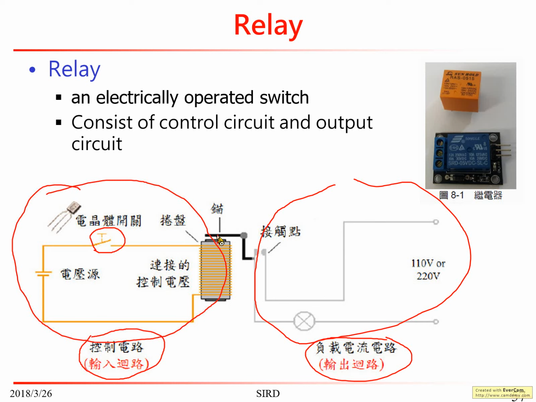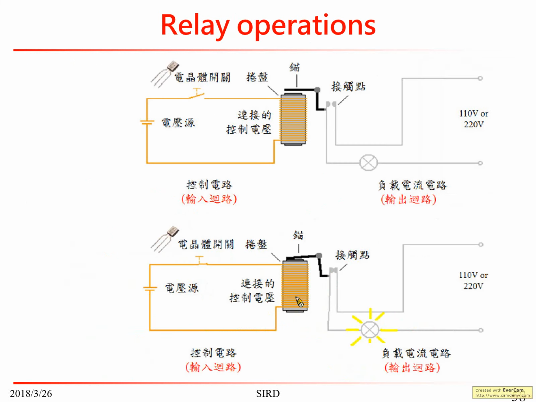It attracts this iron piece to here, and that will push to this side, so that this becomes a circle or a loop. And when it is a loop, then you provide power to this load. It could be a TV or an air conditioner.